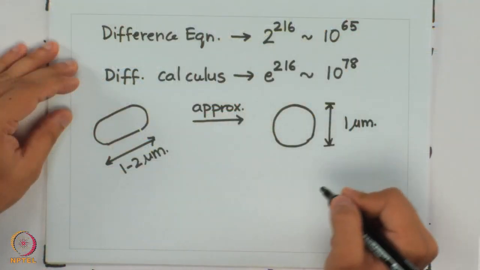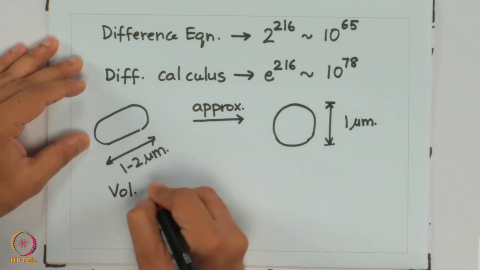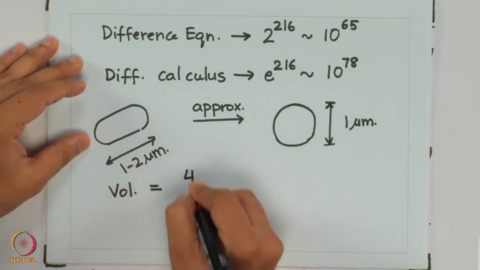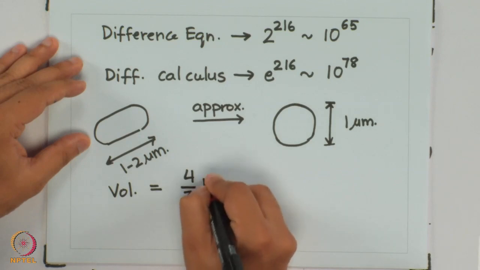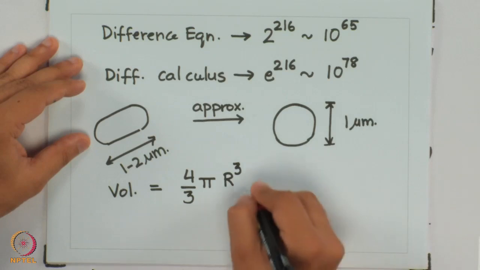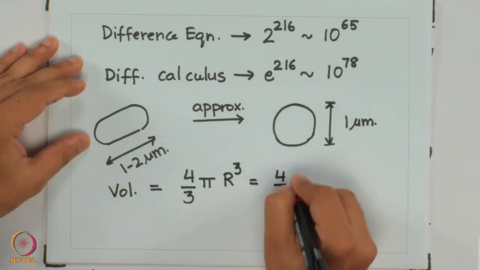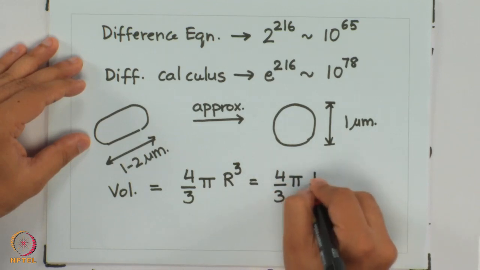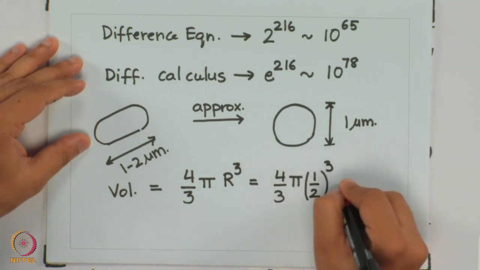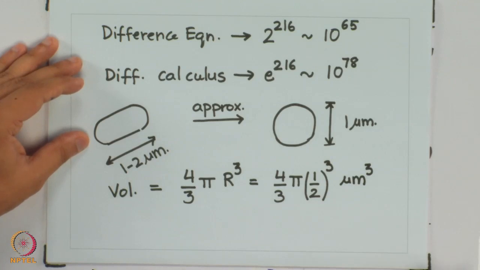So now if we approximate our E. coli cell as a sphere of diameter 1 micrometer, what is the volume of this sphere? The volume of a sphere we know from its formula is 4 by 3 pi r cube, where r is the radius of the sphere. We plug the numbers in and we get 4 by 3 pi times (1 by 2 micrometer) cube as the volume of an E. coli cell.